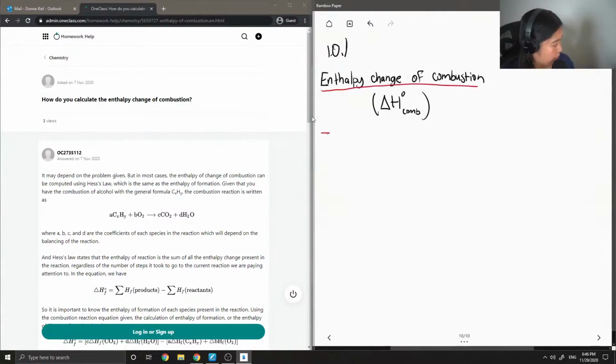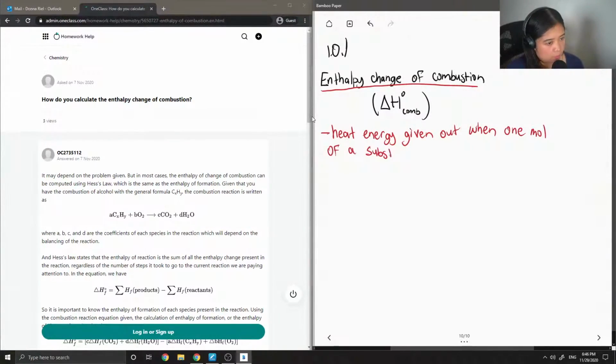So enthalpy change of combustion is the heat energy given out when 1 mole of a substance burns completely in oxygen.